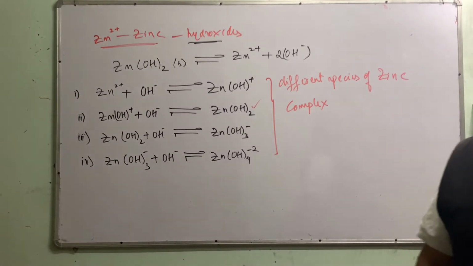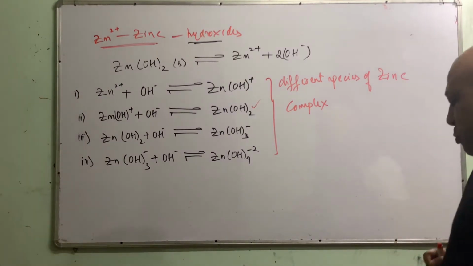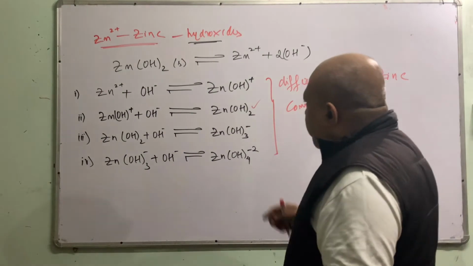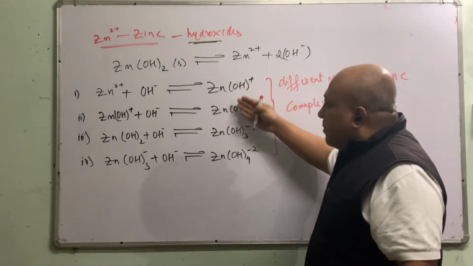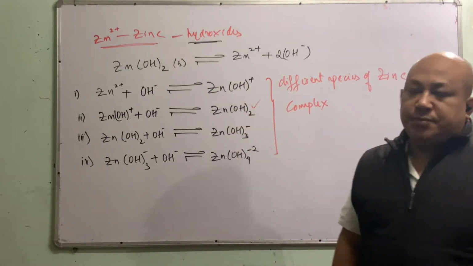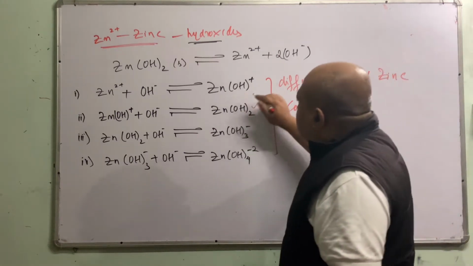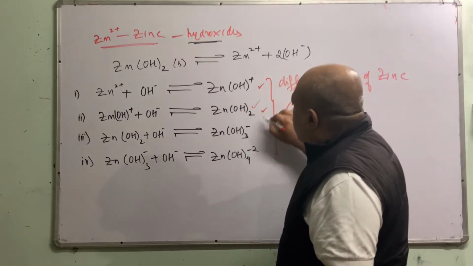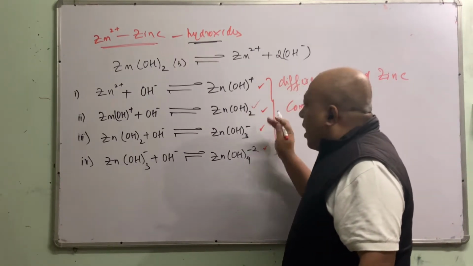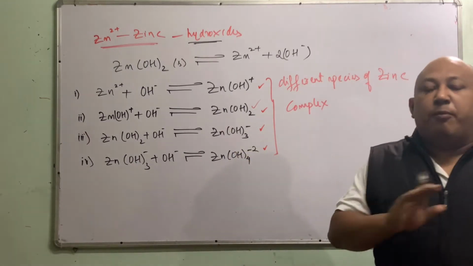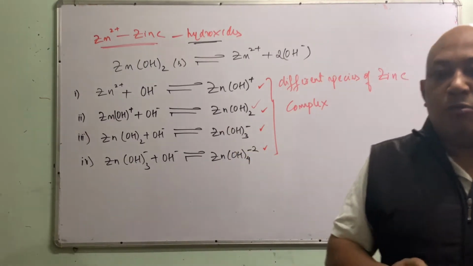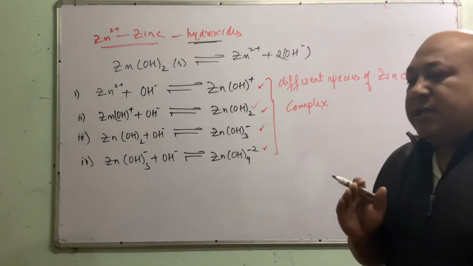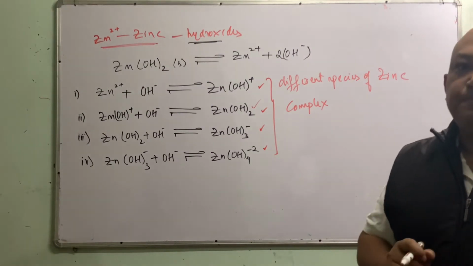Now the question comes, where is the part that is going to become precipitation? All these zinc species, 1, 2, 3, 4, are in soluble form, and our target is to make it insoluble.